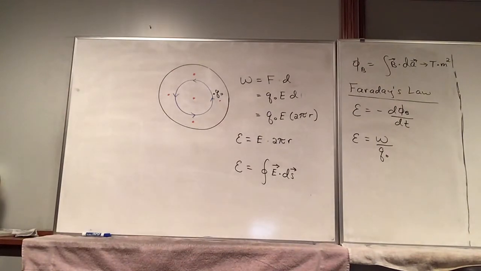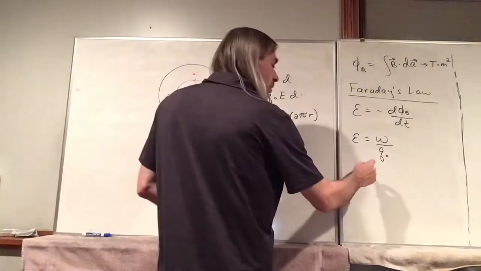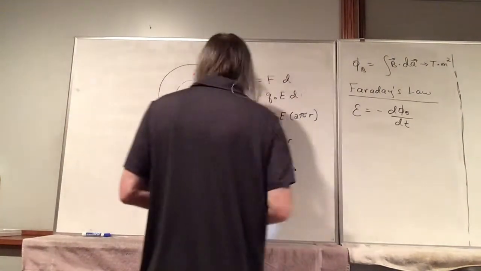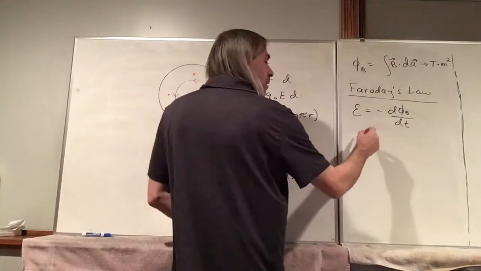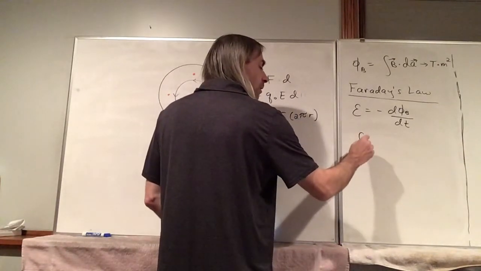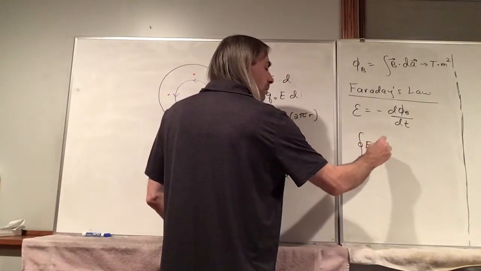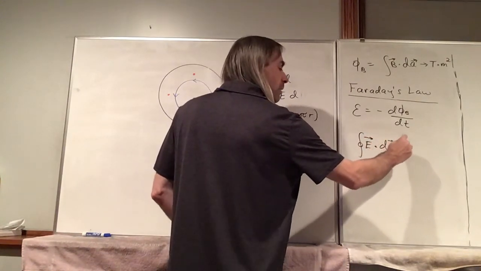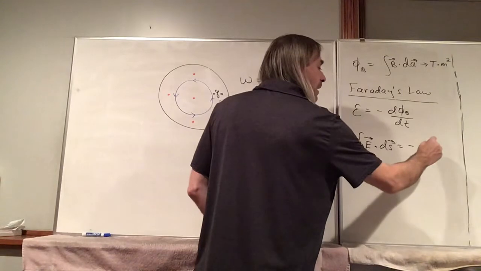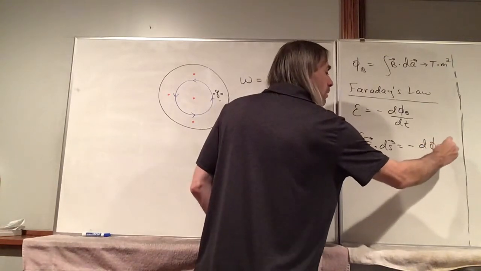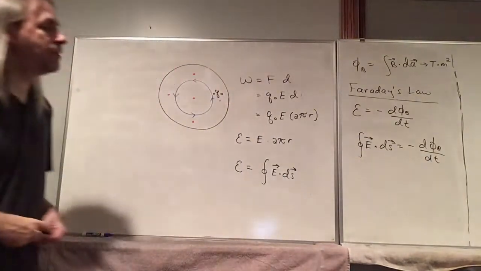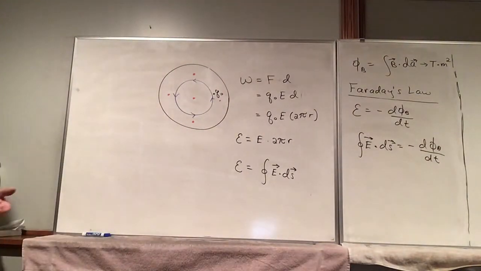And so we can write Faraday's law in a different form now. So I'm going to erase this. This is just nothing new. It's an old definition. So what we have is the integral of E dot ds is equal to minus the change in magnetic flux over time.